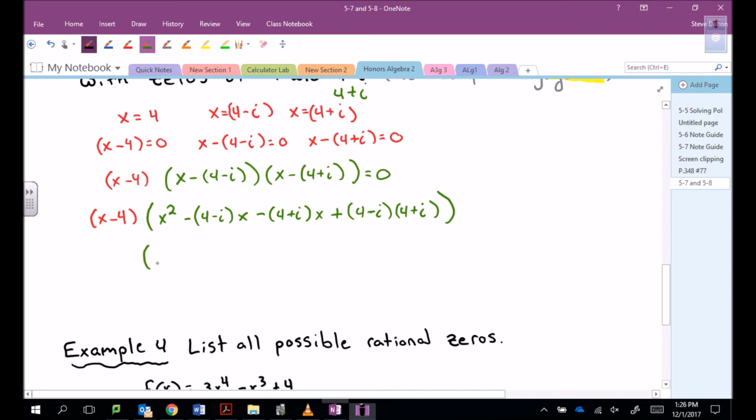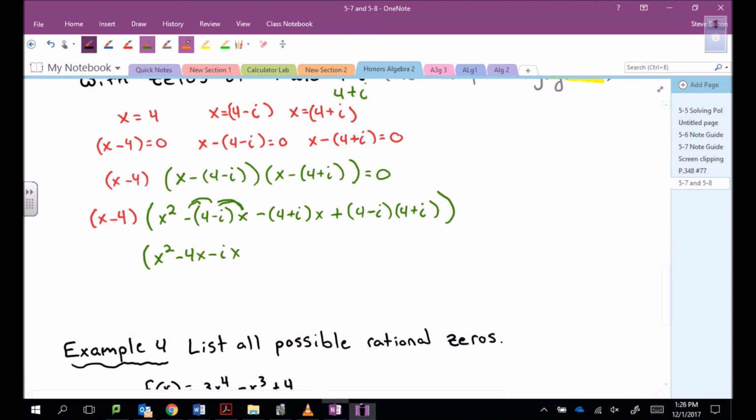Just still working in the green, that's x squared. I distribute this negative through now, and actually I'm distributing the x through as well, so I'm really distributing a negative x through the grouping symbols. So that's going to be minus 4x minus ix.